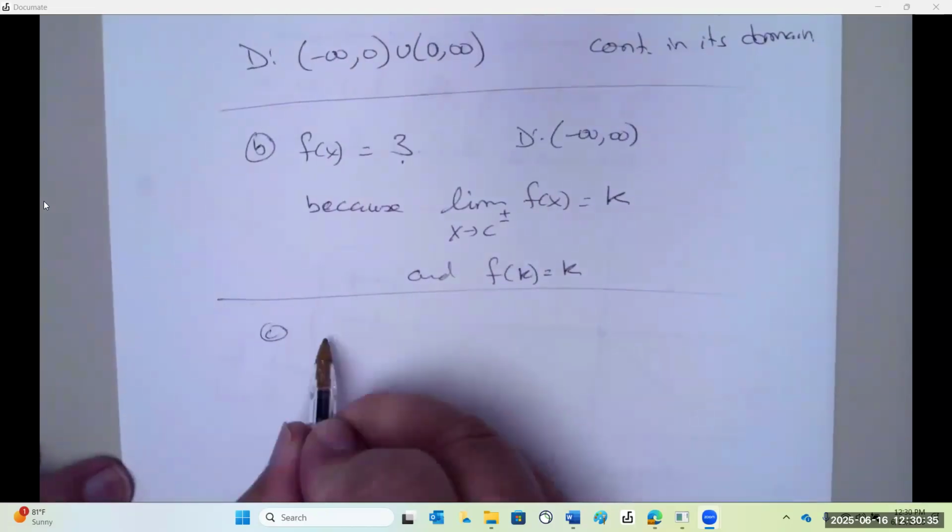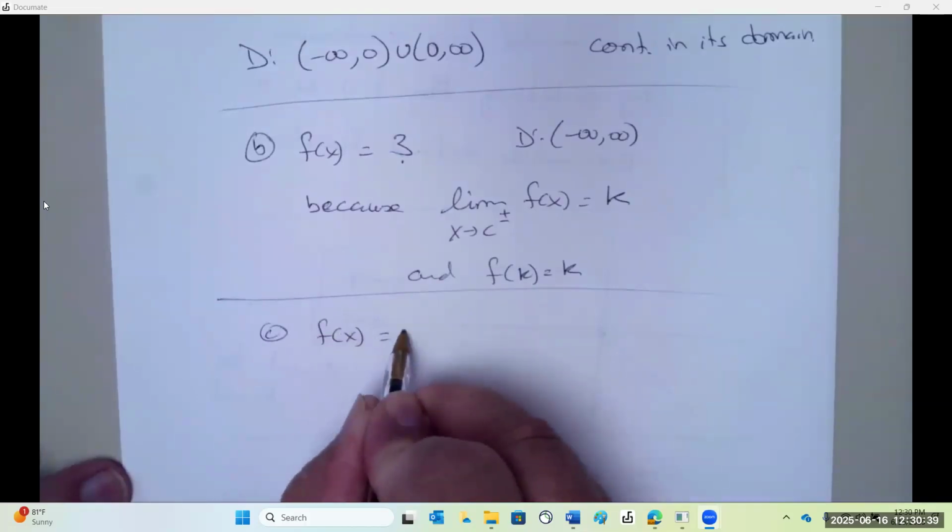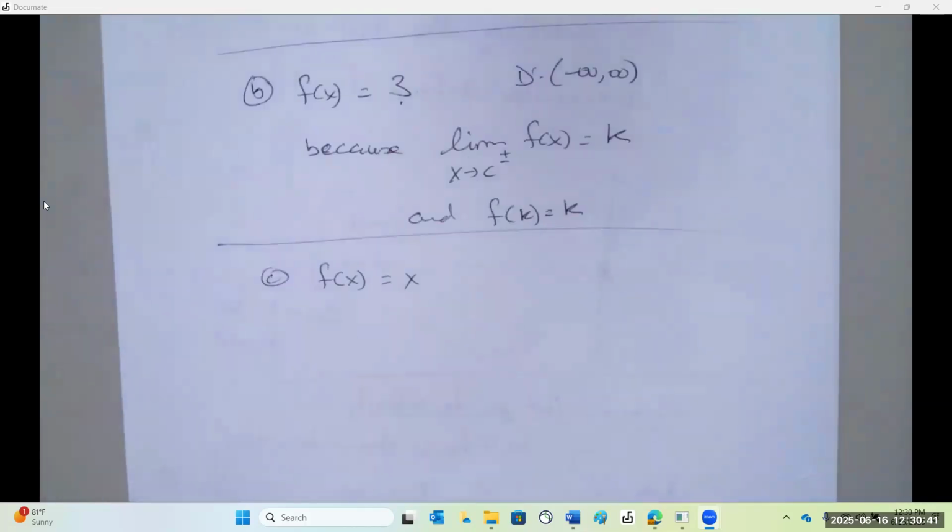How about the identity function? Why is that continuous? You could think about it. Because there are no points in there, no value c that would make it discontinuous, that would violate any rules of math. But now, again, what goes there?